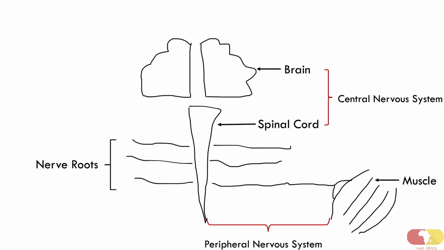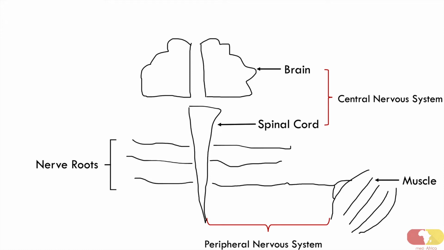And the peripheral nervous system begins from just outside your spinal cord all the way through the nerve root. If the nerve bifurcates, or if the nerve splits and goes down into small nerve fibers until it reaches its destination, and that could be an organ or it could be a limb.